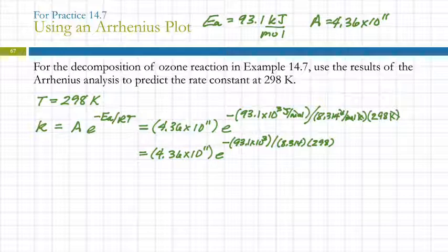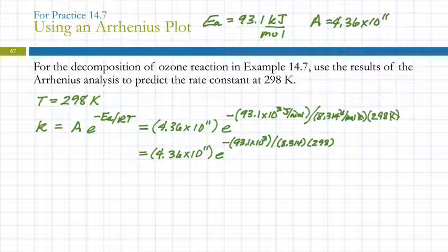Getting that in there is not too bad. But now we have to make sure that we communicate properly with the calculator, and that can be another issue all by itself. So you should have your calculators with you, get them out, and make sure that you can tell your calculator the correct thing to do.